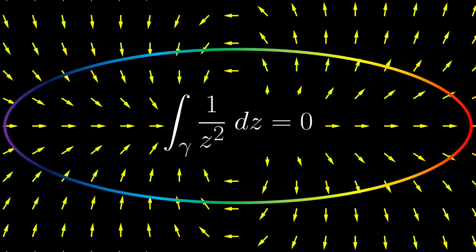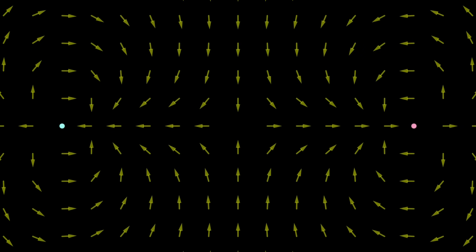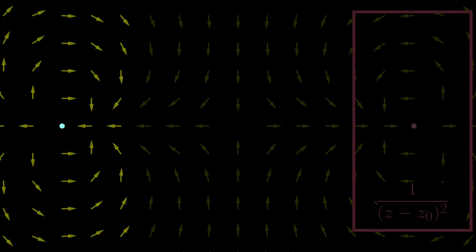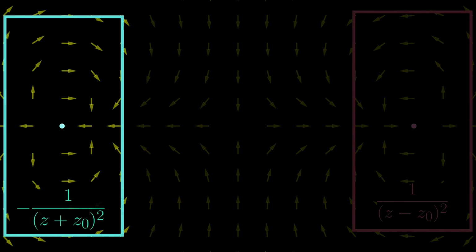This can actually generalize. This time, we put these two opposite fields together. On the right, we have a 1 over z squared field translated, and on the left, similarly, we have a negative 1 over z squared field translated.